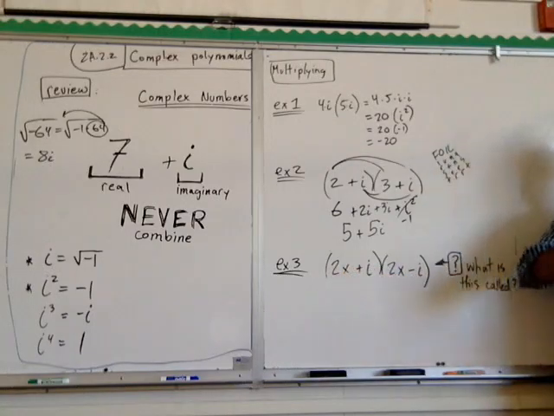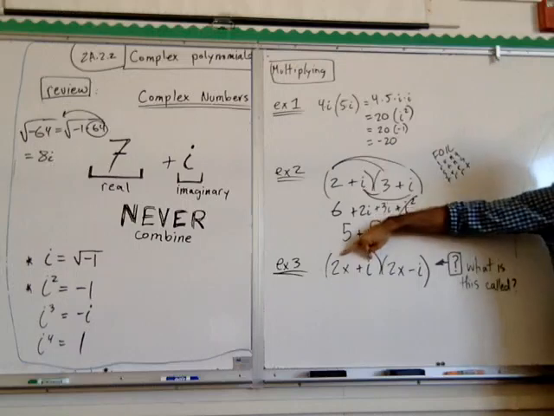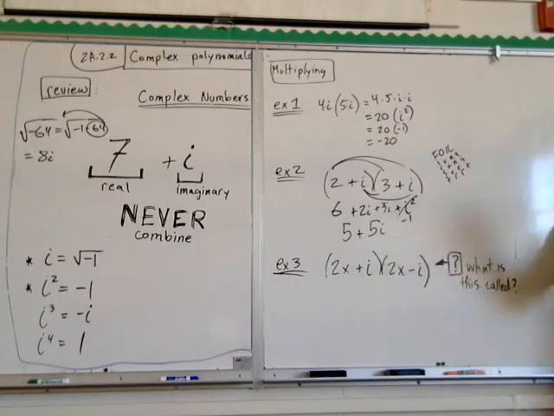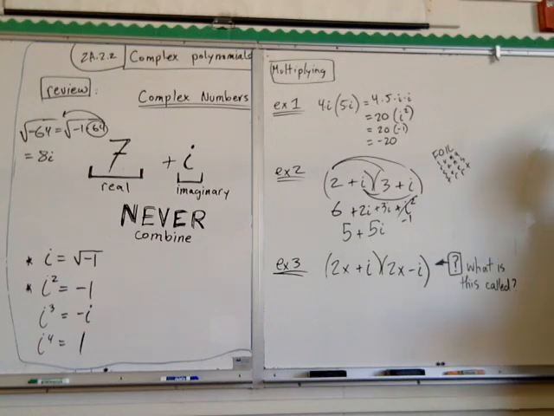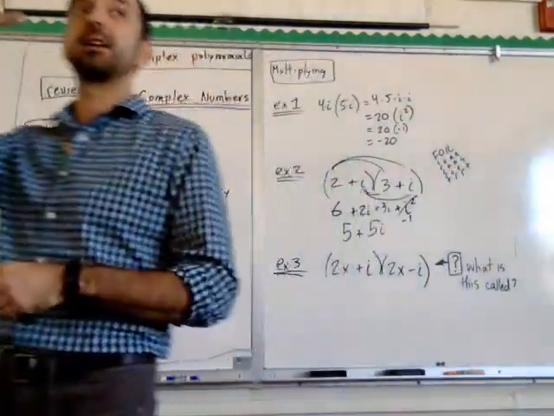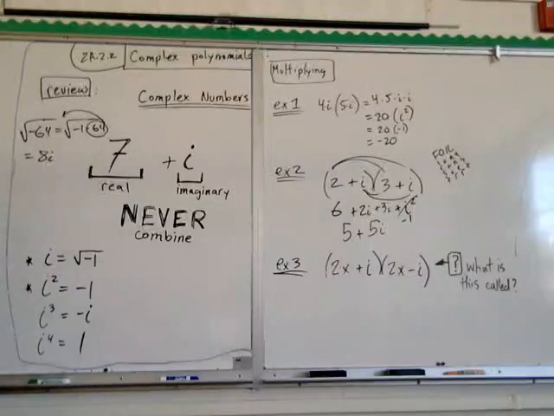Good. So as far as the terms involved, we have a 2x and we have an i, but this one's addition, that's subtraction. Perfect. What is that called? You guys remember it starts with a C and it's 2 words. They both start with C.